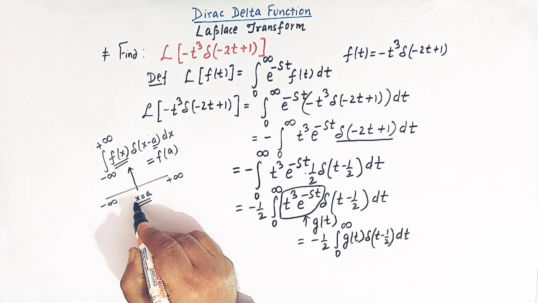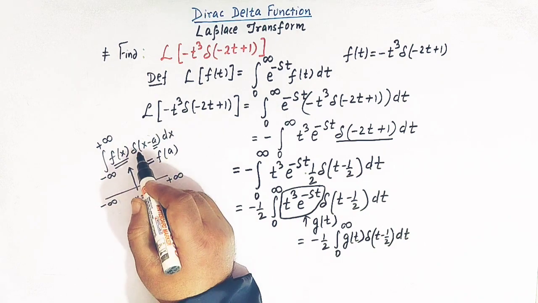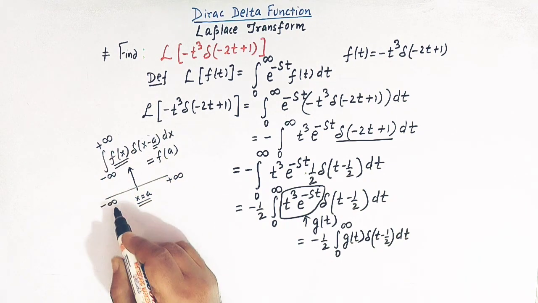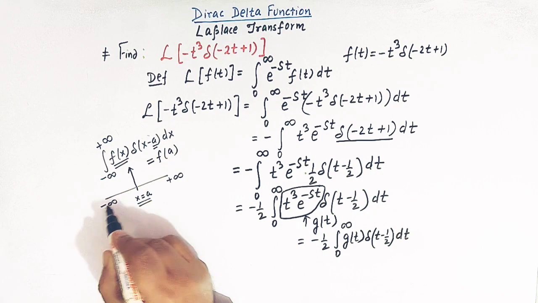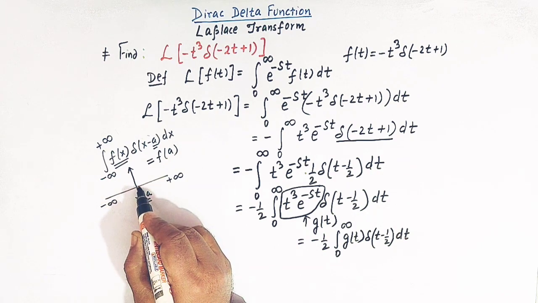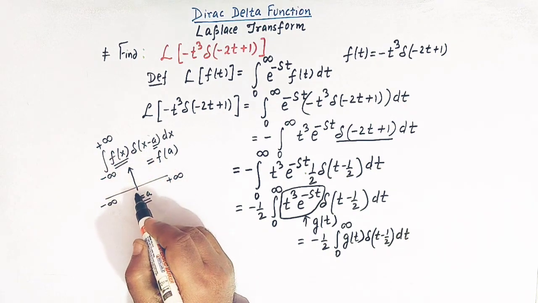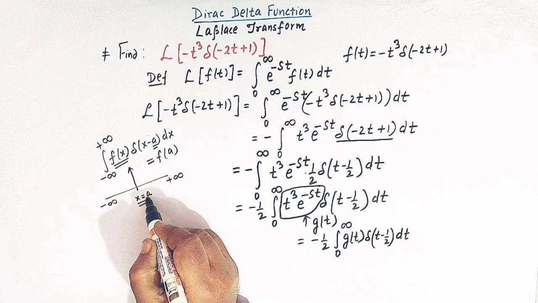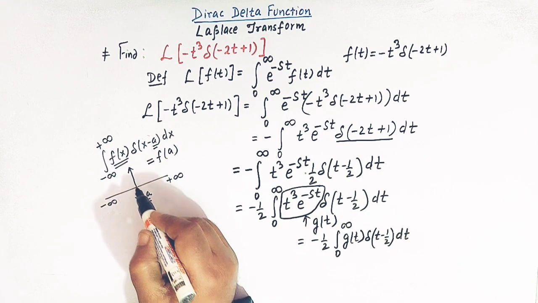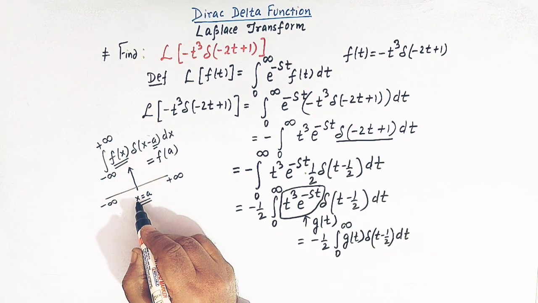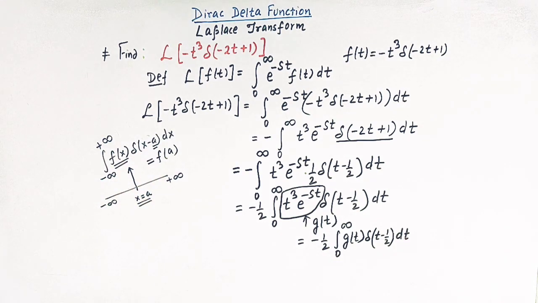And apart from x is equal to a, the delta function is 0 in the entire number line, that is minus infinity to a, and then a to infinity, right? So the value of the delta function, it exists only at this point, x is equal to a, right? Or in other words, we can say that this spike exists at only this point, x is equal to a.